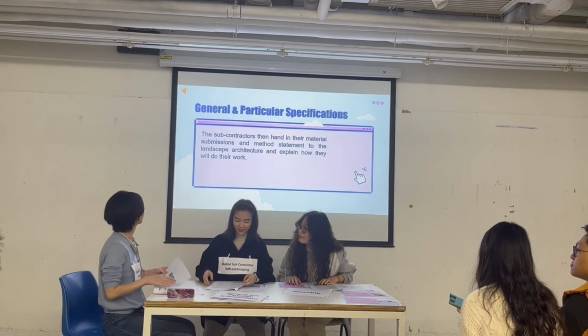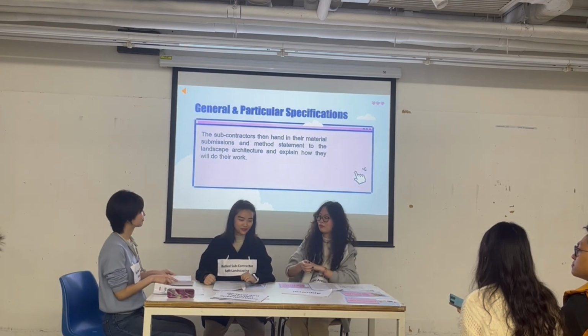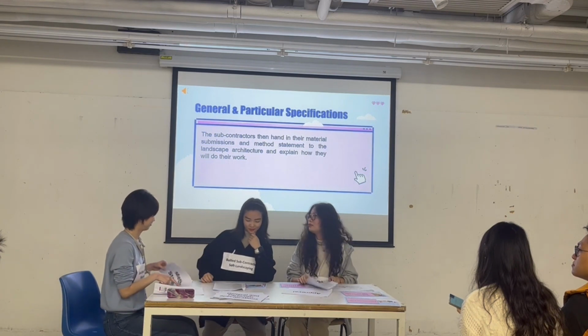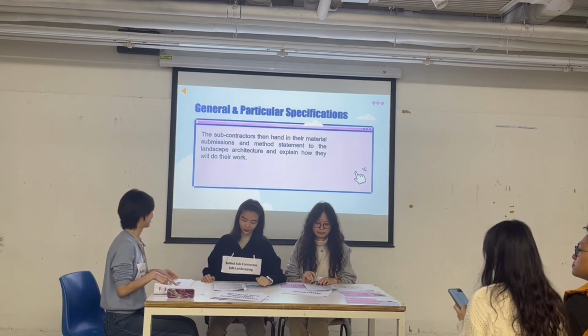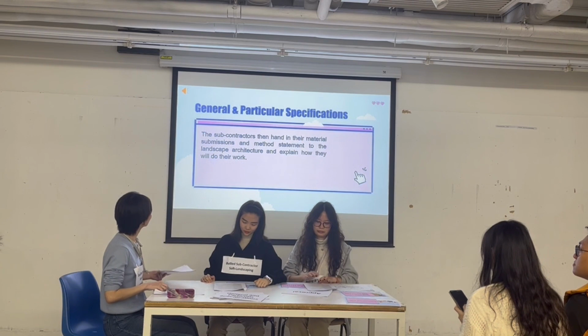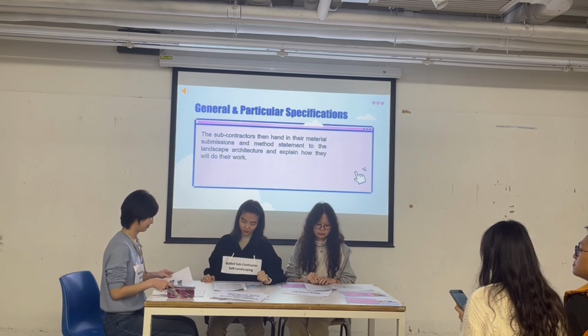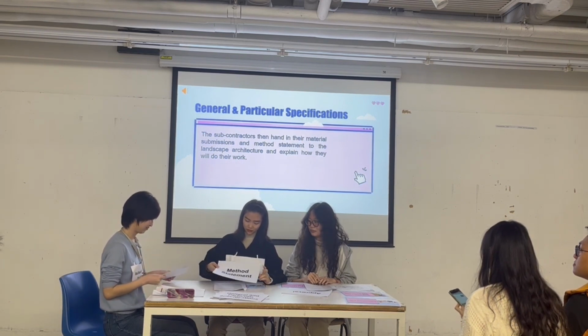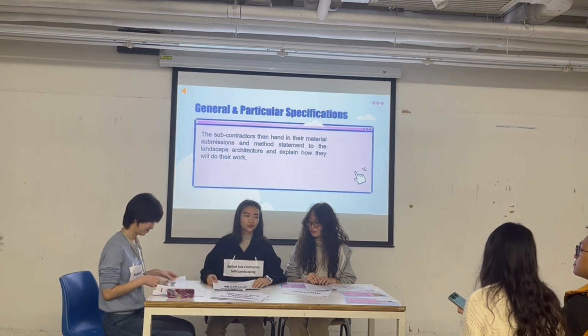As we mentioned these terms, I'll explain them. The subcontractors then hand in their material submission and method statement to the landscape architect and explain how they will do their work.